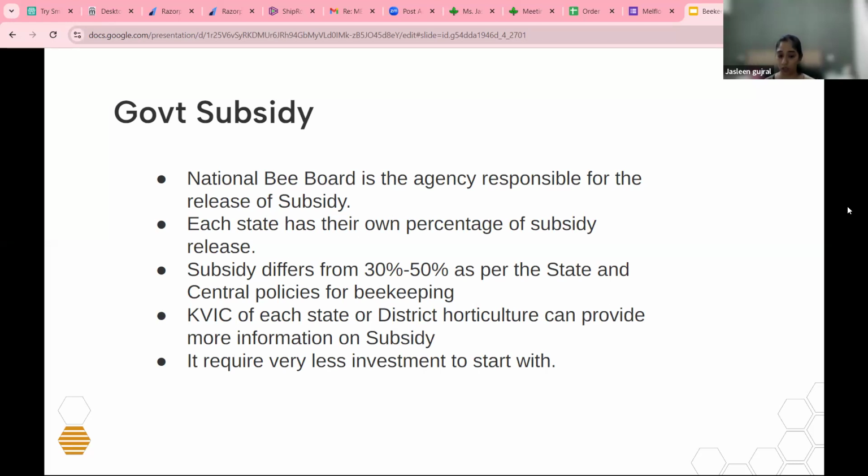They also provide training, which is free of cost. It also requires very little investment to start, so your pocket is not loosened up that much in terms of investment.